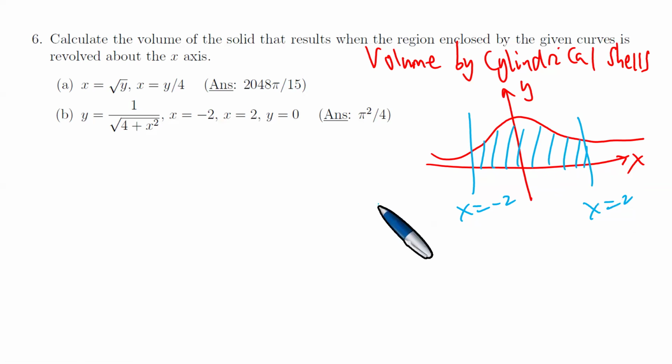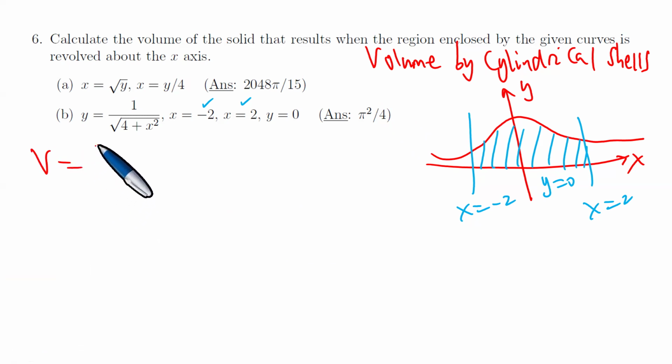I want us to discuss the method of cylindrical shells. So x equals -2 and x equals 2, but also y equals 0, which is the x-axis. We want to use a different method, the method of cylindrical shells, to get the answer a little bit differently. Now, what is the method of cylindrical shells? There's something we call the volume.